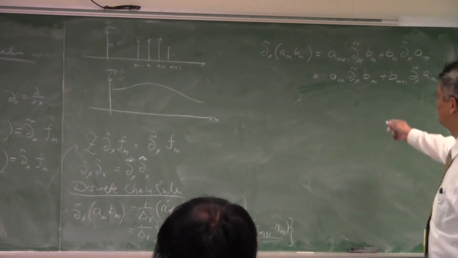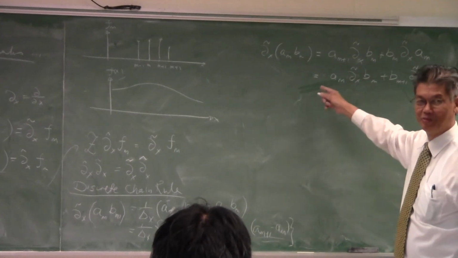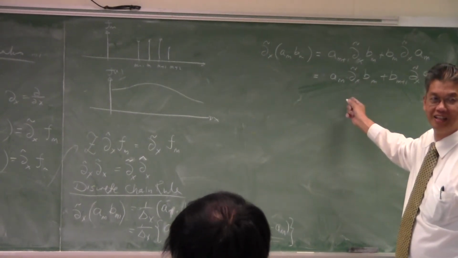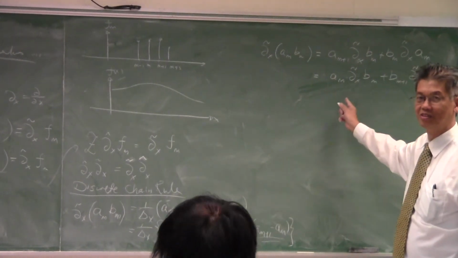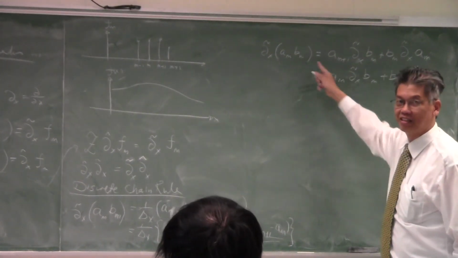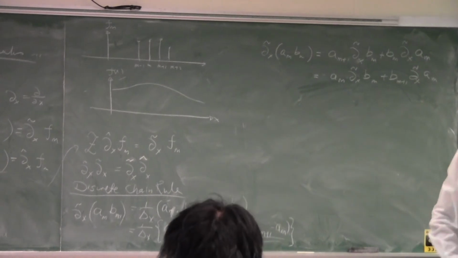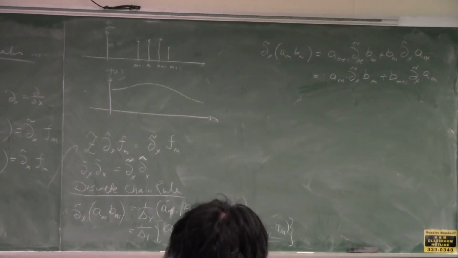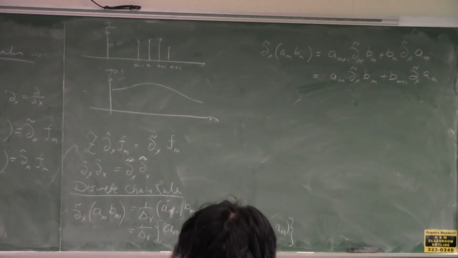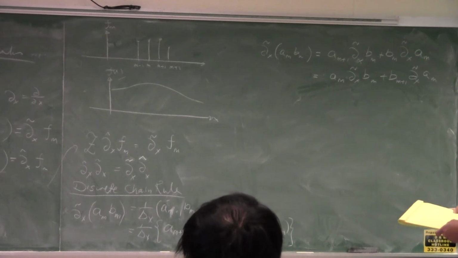I can prove this by contradiction, or I can prove it by algebra. Otherwise, this answer is contradictory, because I change A_m and B_m and get a different expression. So there are two discrete chain rules, and they're actually equivalent to each other.